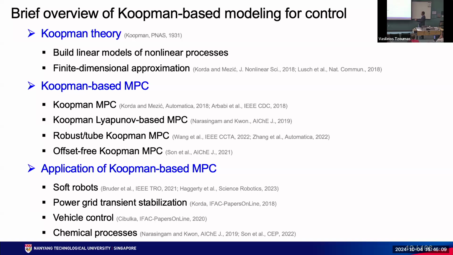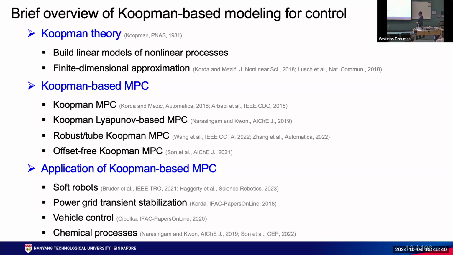Here we can see that in the past 6-7 years, some Koopman MPC algorithms and applications have been made available, including deterministic Koopman MPC, considering a perfect Koopman model, a Lyapunov-based MPC, and a robust and tube MPC, as well as offset-free MPC, which leverages a Kalman filter to estimate the system disturbances or model mismatch.